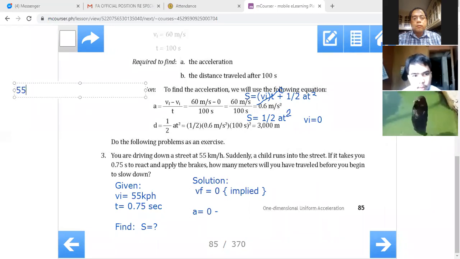So 55 is kilometers per hour. Therefore, we have to convert this to meter per second.